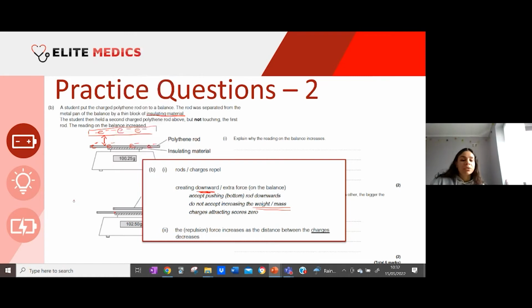So as you move them closer together, this repulsion gets even greater. They're pushing away even harder, so this downward force becomes even greater. And that's why we get an apparent increased reading from the scale. So the repulsion force increases as the distance decreases.